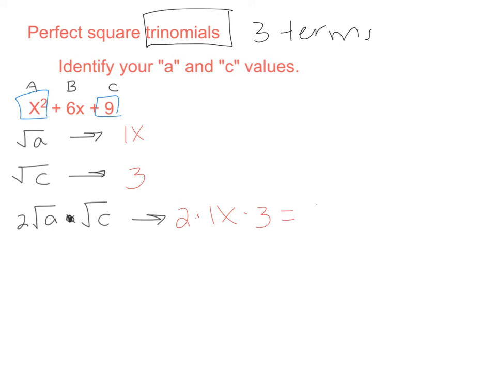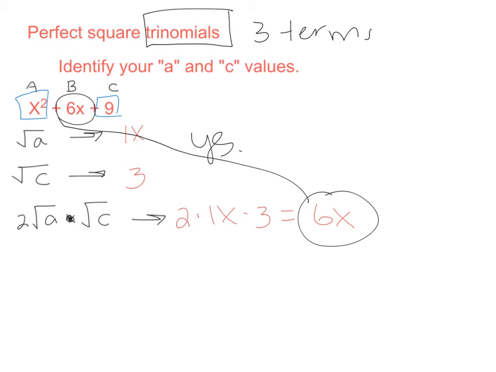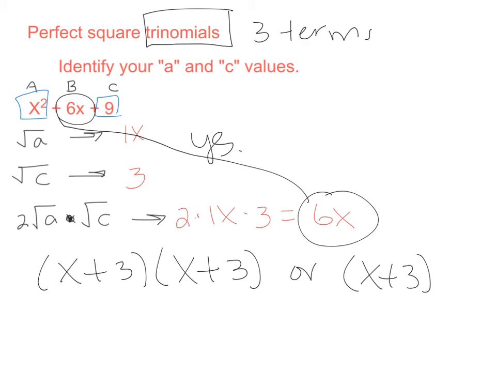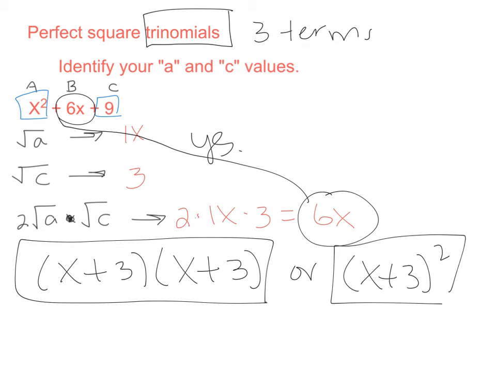And that equals 6x. So, is 6x that b term? Yes. Therefore, x plus 3 quantity squared is the factored form for x squared plus 6x plus 9.